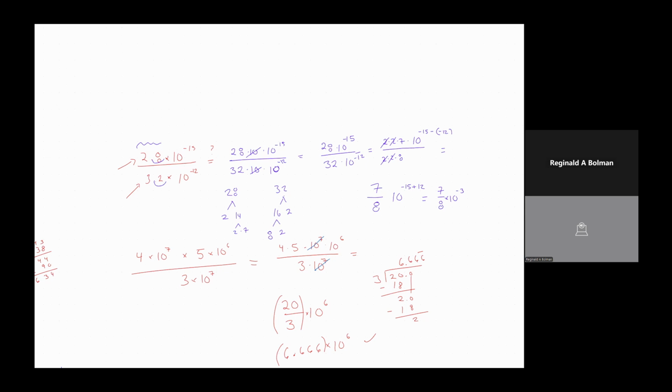But 7/8 will generally be one of those fractions that in a factory floor environment people just memorize, that this is roughly equal to 0.875. So 0.875 times 10 to the negative 3 would be your best answer if you were measuring using the decimal system.